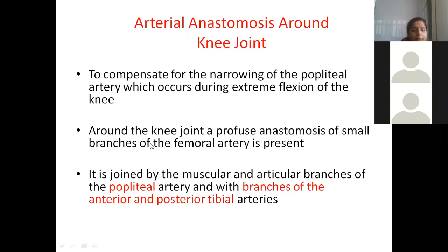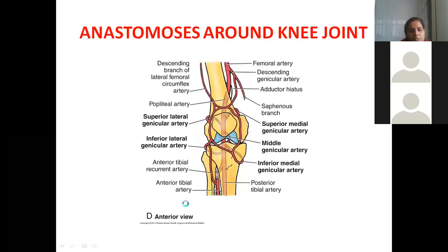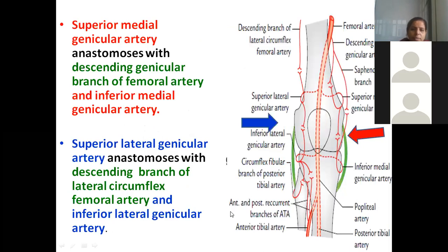So there is an extensive anastomosis around the knee joint, so that we do not usually suffer with ischemia, non-availability of blood supply due to kinking in this area due to various movements of the knee joint. Okay. So how is this anastomosis formed? The popliteal artery branches and the anterior and posterior tibial artery recurrent branches will form the anastomosis. Okay, what are those? Let us see.